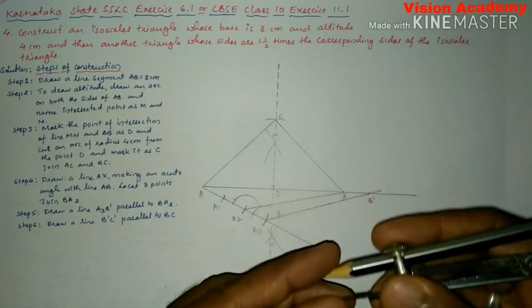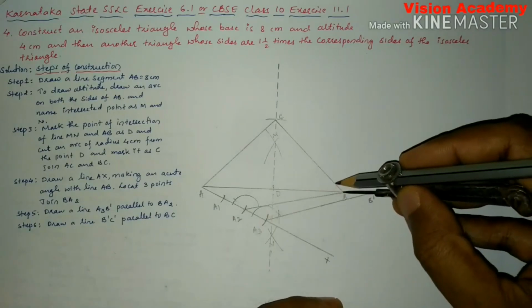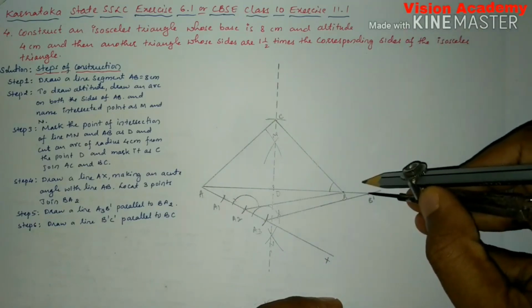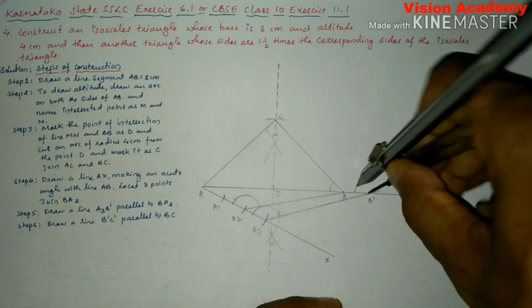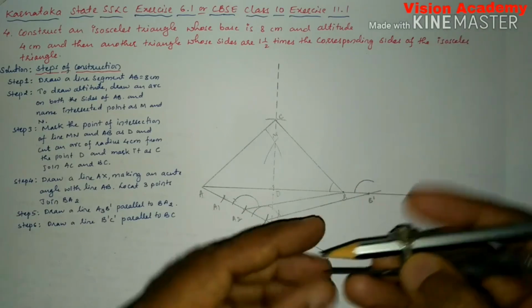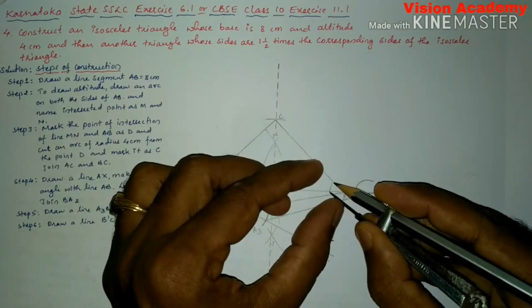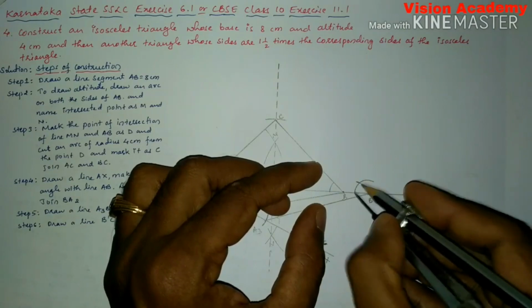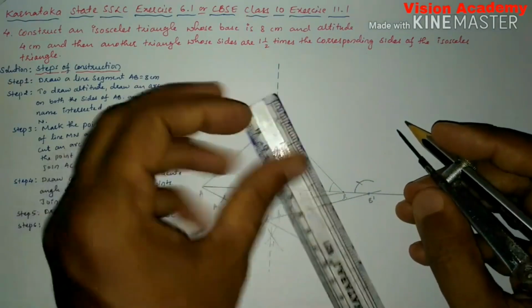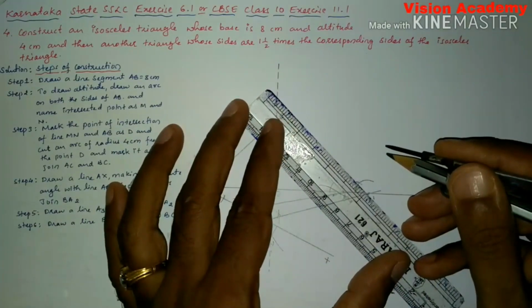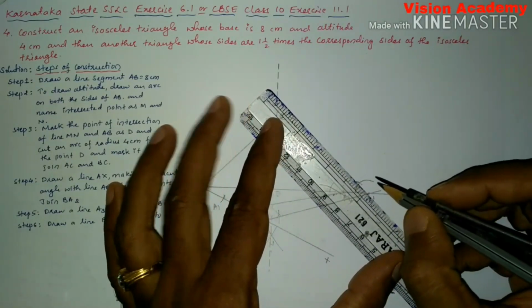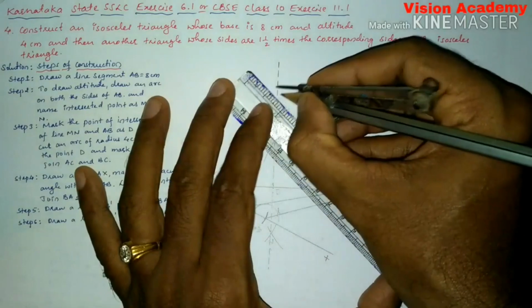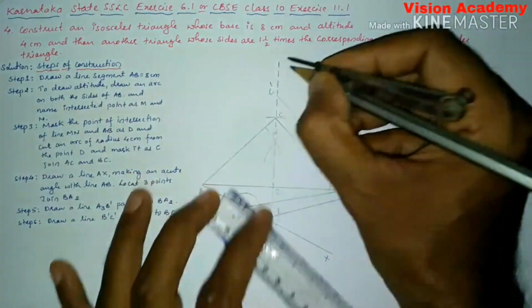So here we'll take an arc and keeping on point B dash, we are going to draw another arc, and let us take the length of this arc and keep it on this point and cut here. Here we got one point through which we are going to draw a straight line which will make a parallel line to BC. Here we'll draw this line and name this as C dash.